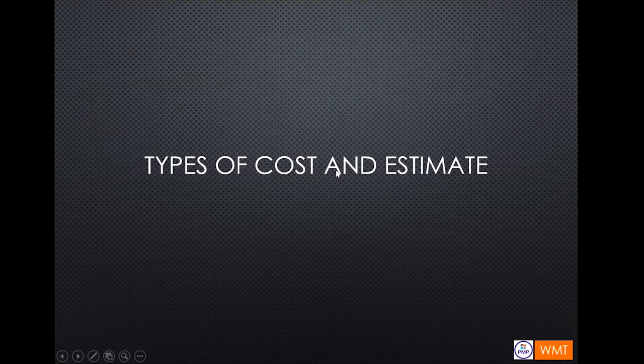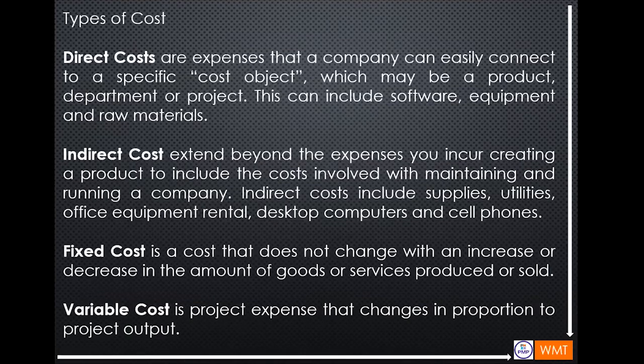The types of cost and estimate. To have an accurate estimate, you have to know these types of cost and add them to your estimate calculation. So actually there are 6 types of costs: direct cost, indirect cost, fixed cost, variable cost, sunk cost, and opportunity cost.